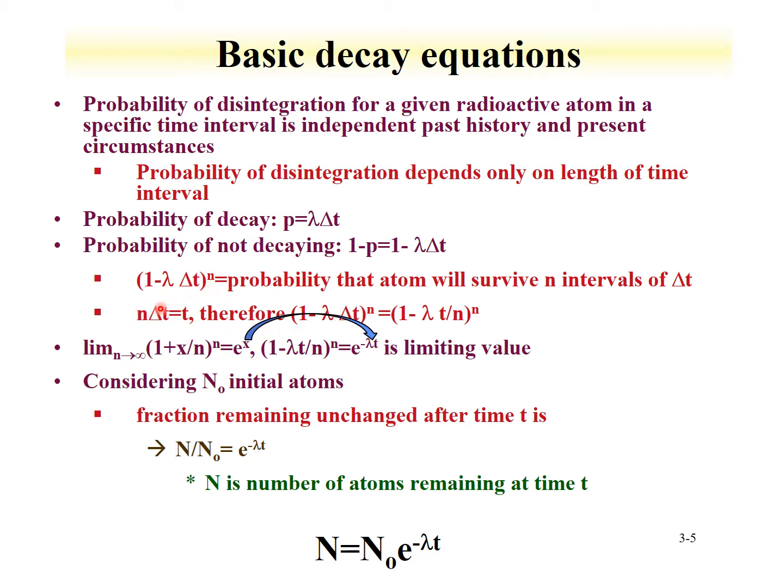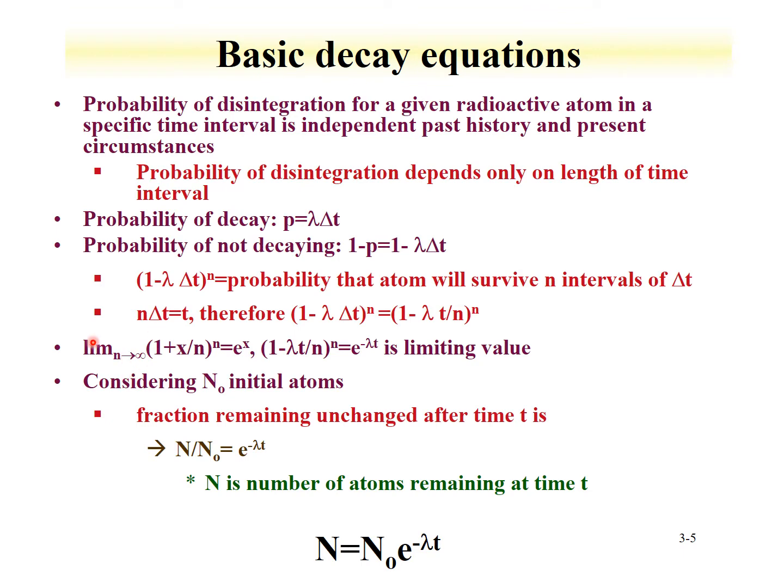And n delta t is just equal to our time, the number of time units that we're interested in. That's our total time. Therefore, 1 minus lambda times delta t, to the n, is just equal to 1 minus lambda t divided by n, to the n. Again, n is the number of intervals, and t is the time.